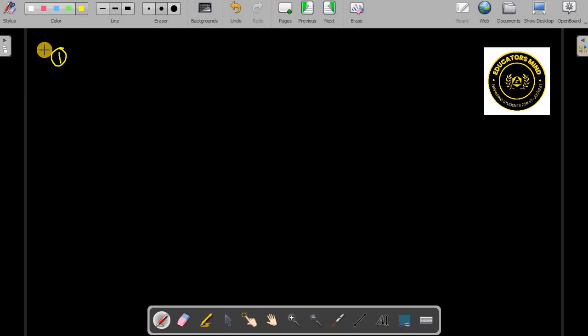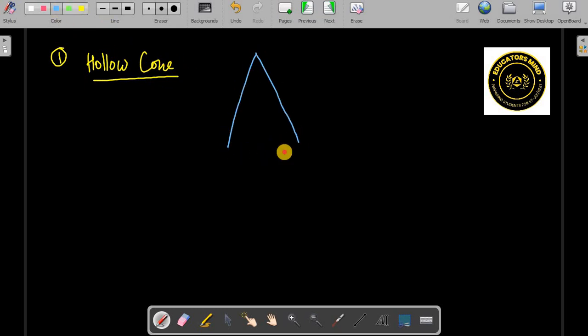Let us take, for example, the first case, a hollow cone. Let's say this is the hollow cone, like this. Where will be the center of mass for a hollow cone?